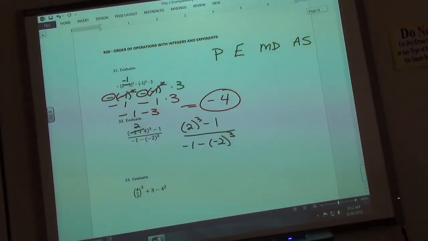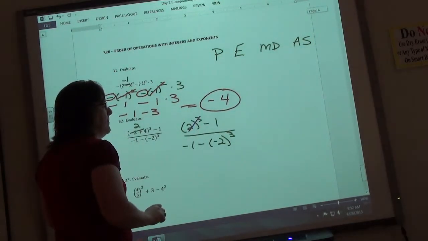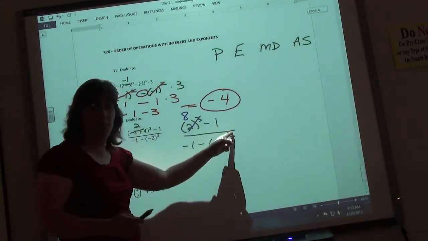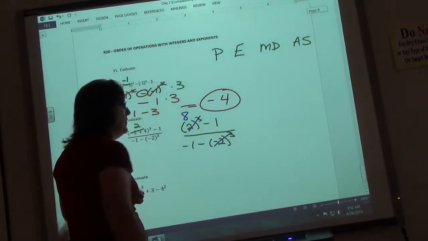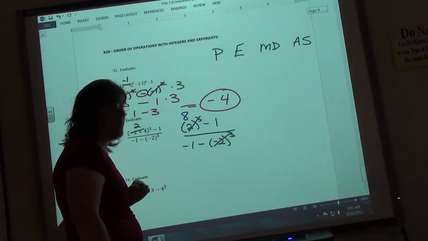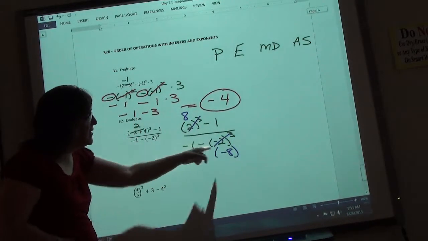I did the parentheses, so now I'm going to do exponents. So 2 cubed is 8. Negative 2 cubed would be negative 8. They're going to put that in parentheses just to separate the signs.